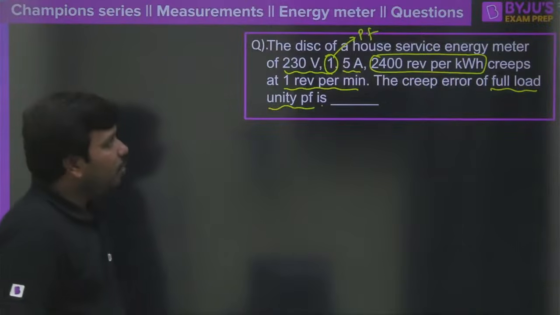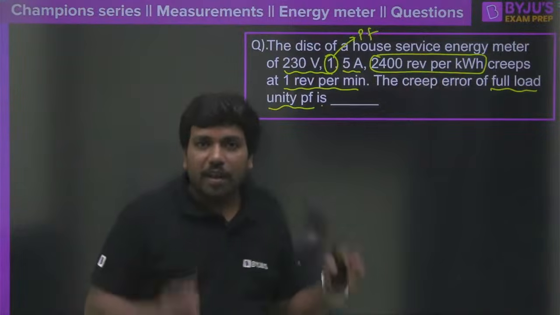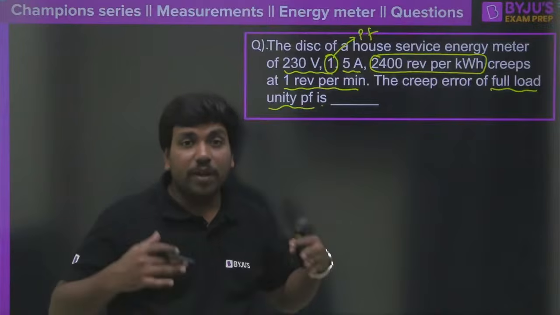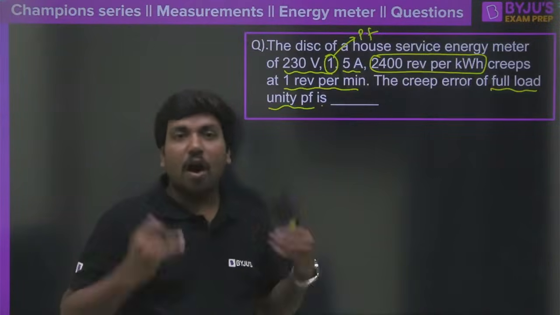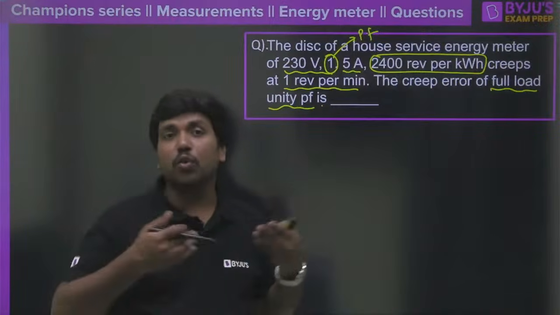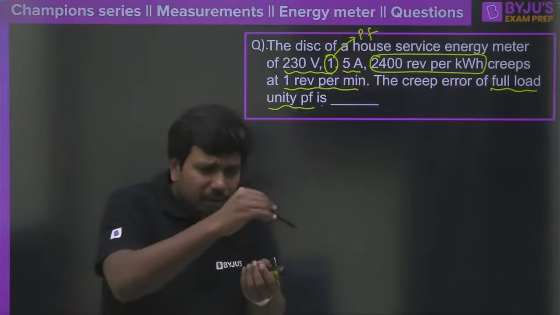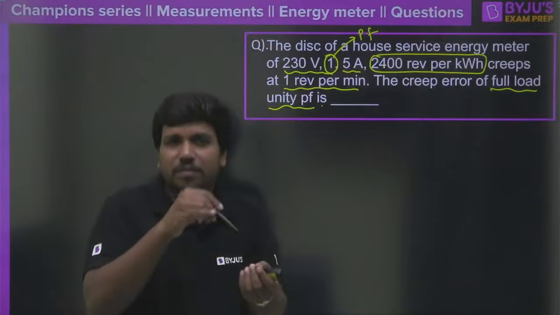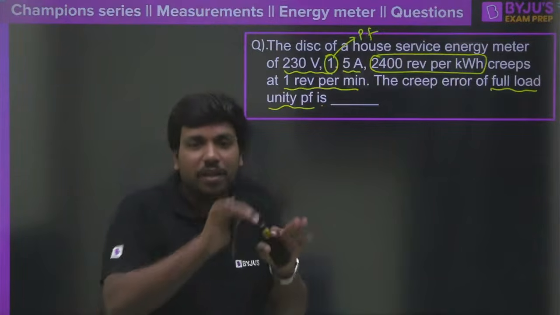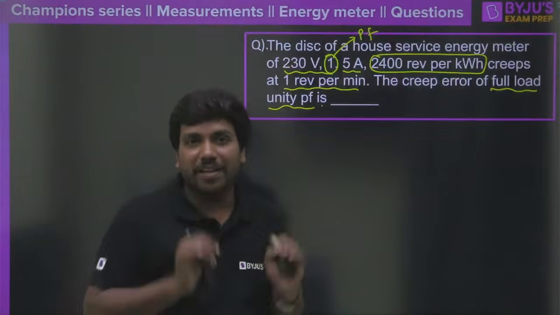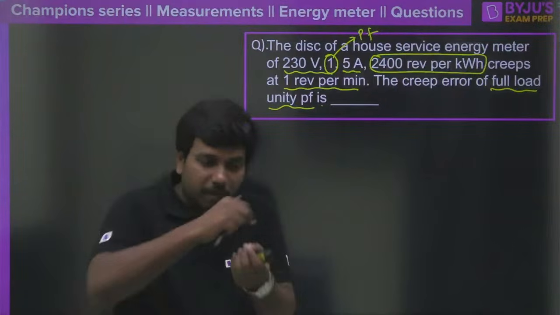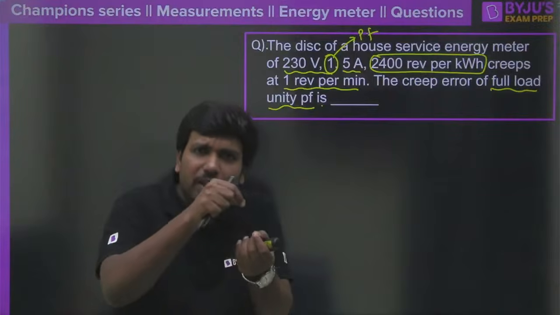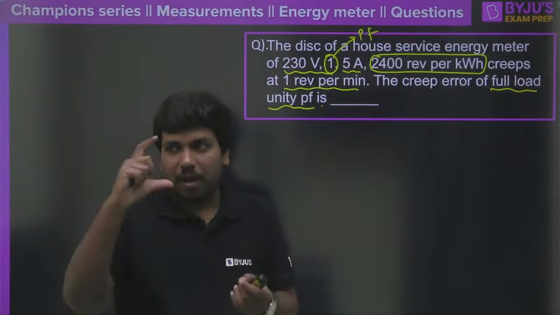So what do you mean by creeping error first? Creeping error is nothing but when we don't connect any load, or even if the load is not consuming any power, the disk is going to make small rotations. That's why it is called creeping, like crawling, right? So even though there is no power consumption, the disk will slowly rotate inside the brake magnet.